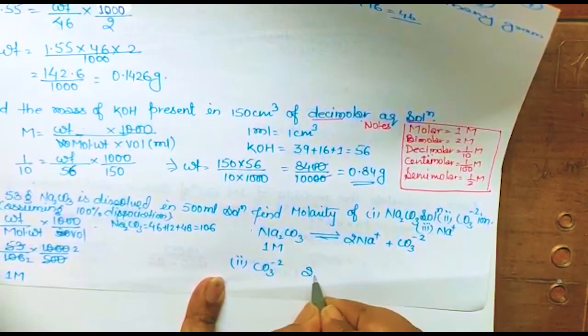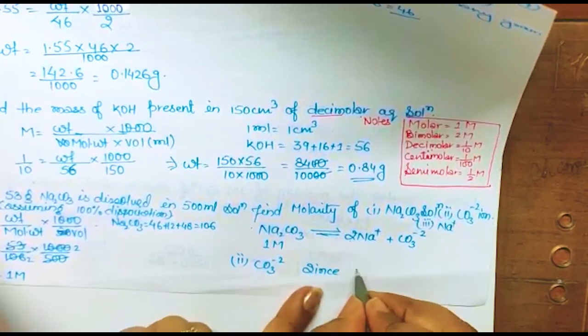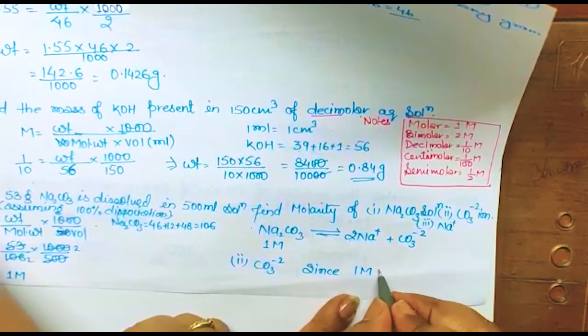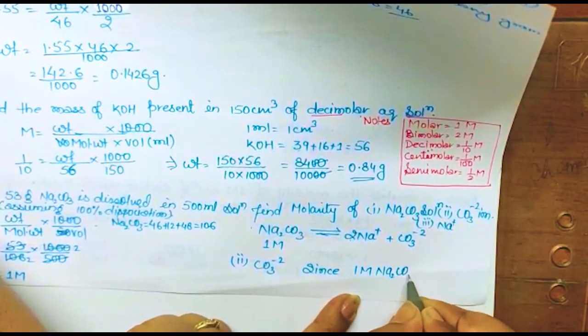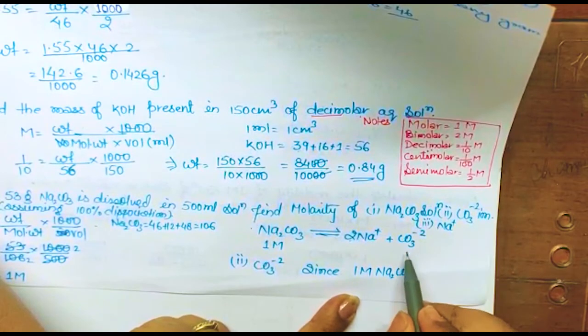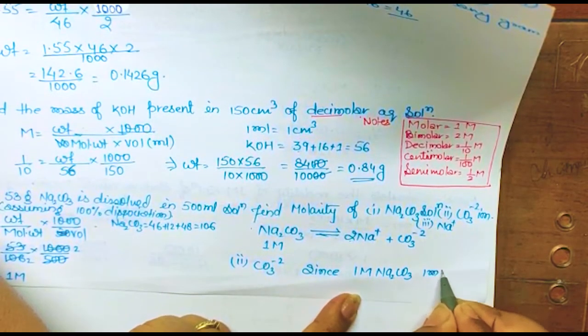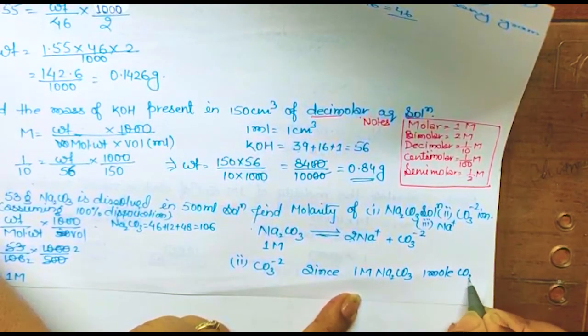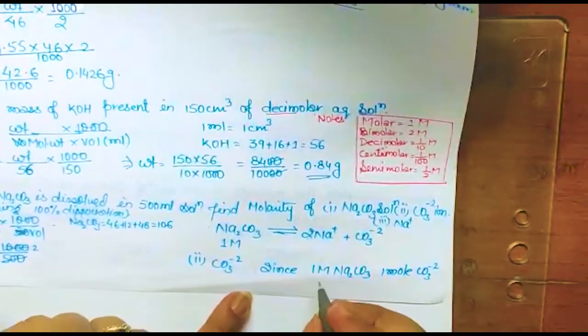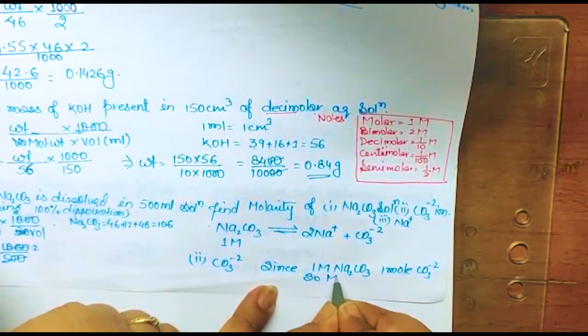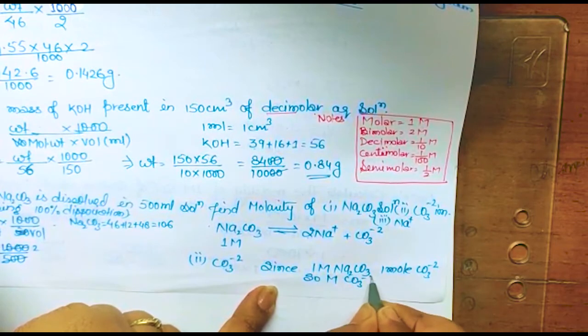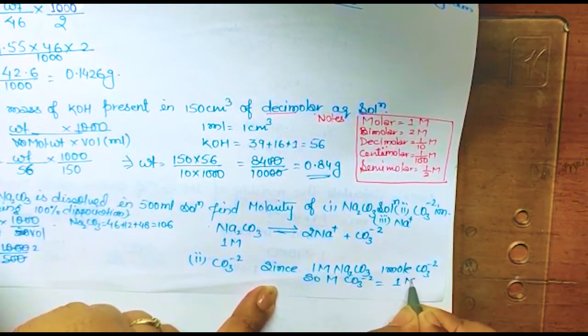Since in 1 molar Na2CO3, 1 mole of CO3 minus 2 is there, yes? So the molarity of CO3 minus 2 will also be 1 molar. Clear?